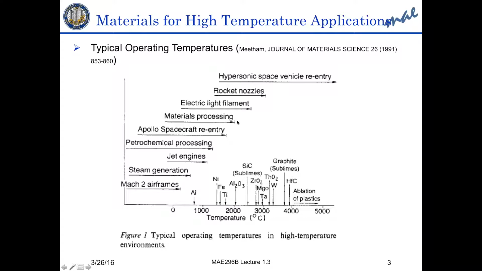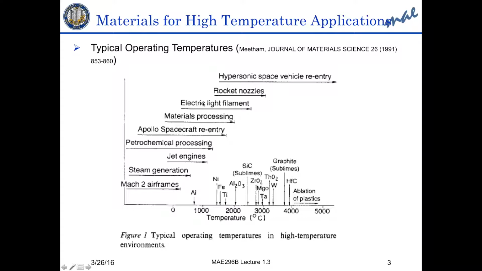Material processing, you need even higher temperatures, up to over 2000 degrees centigrade. And an example of even the electric light filament itself, the tungsten filament can work close to 2600 degrees C.